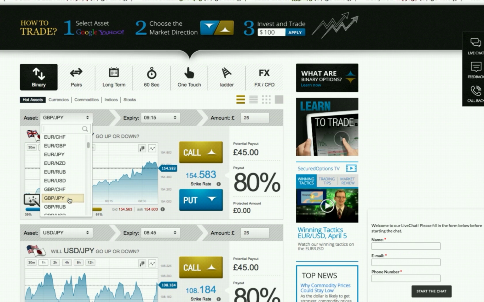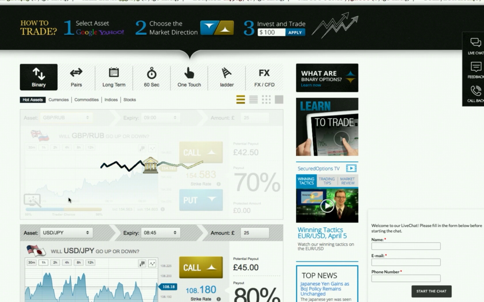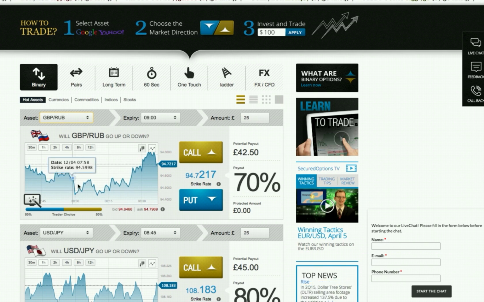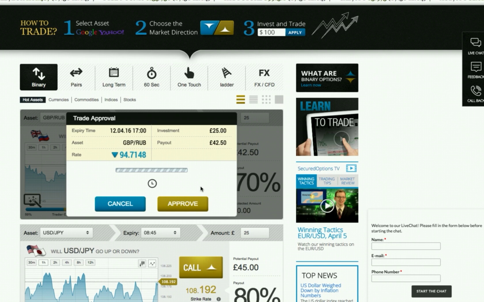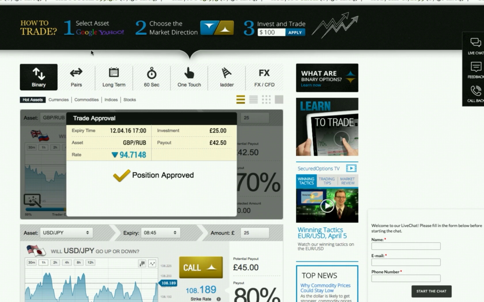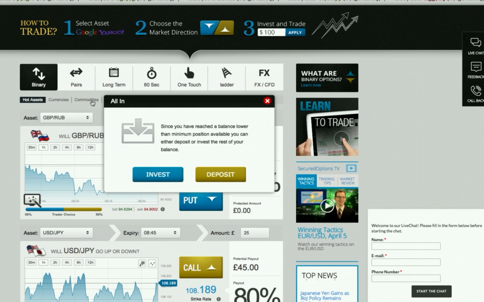I may already be acting a little bit. I will take the rubles because it has been behaving more or less in the same manner. So again, I take a put. So I'm taking a total of 4 trades, all in the lower direction.